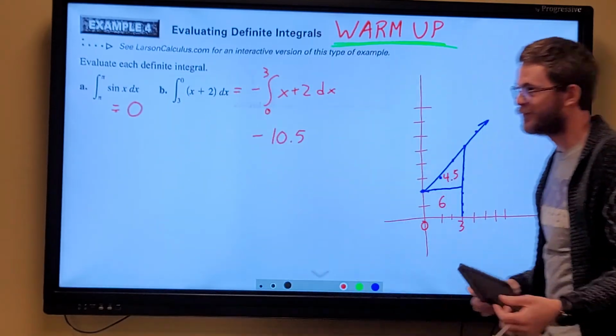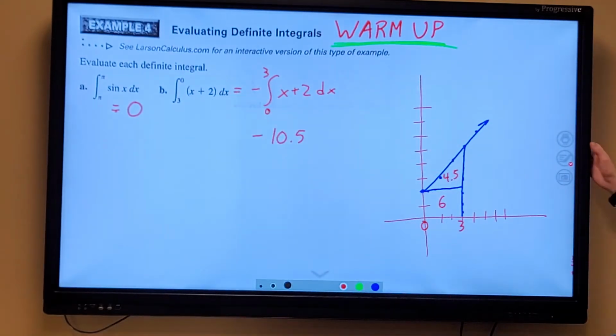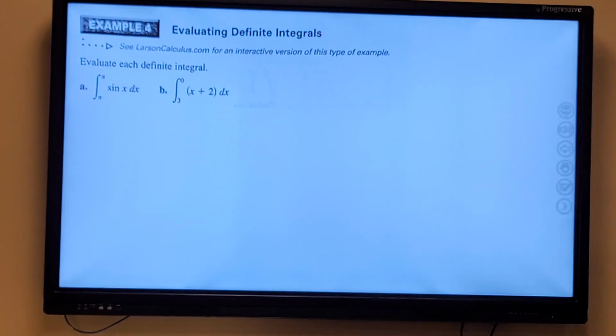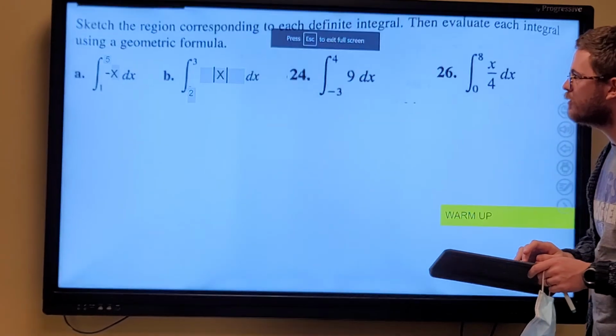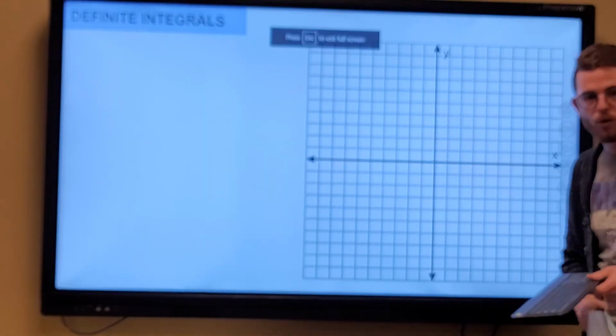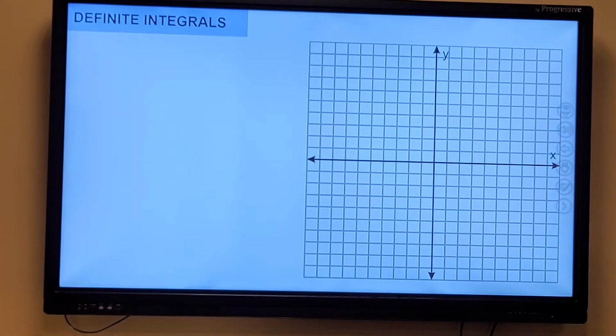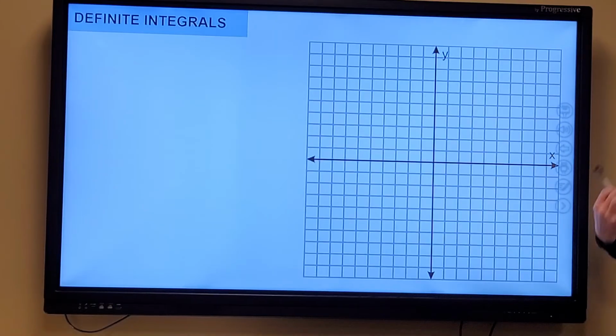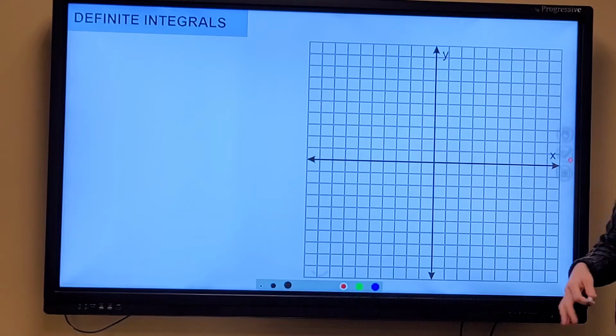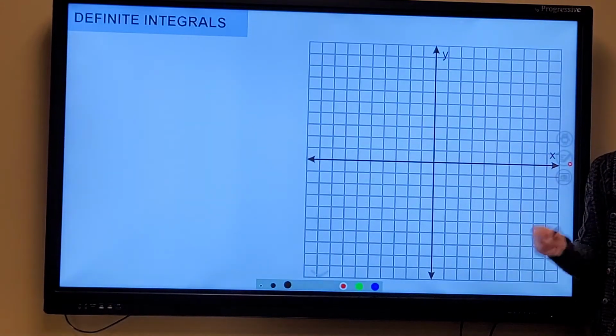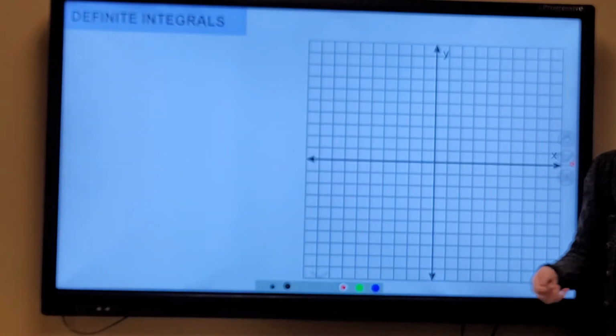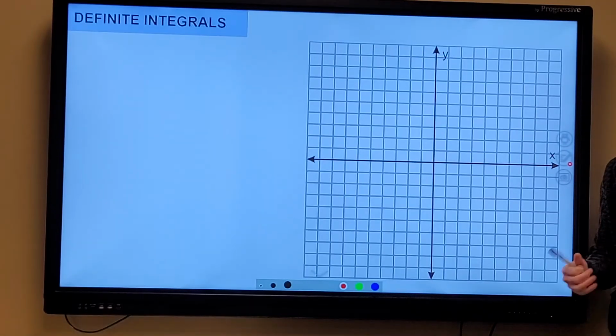All right. Cool. So, yesterday we were starting to talk about definite integrals. Let's get a quick overview one more time of our predicament. What we've seen so far are good situations where we don't need anything special.